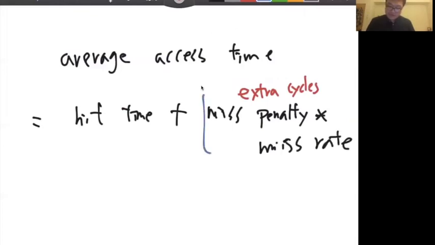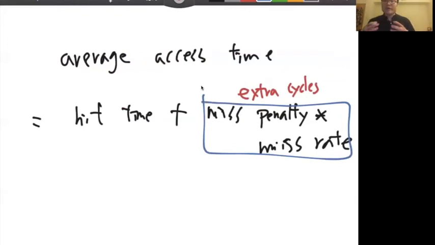So average access time equals hit time plus miss penalty times miss rate.